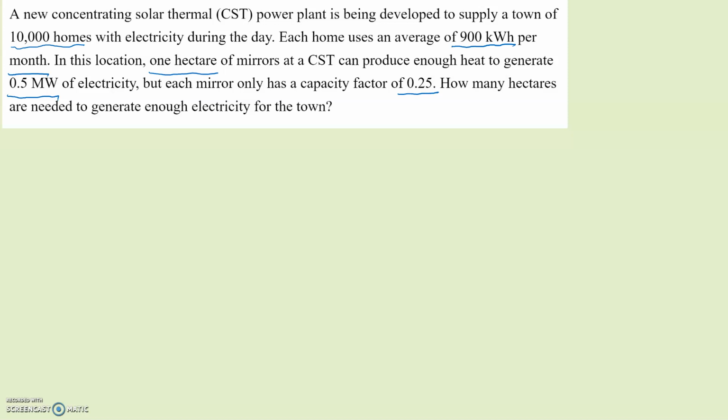I'm going to start by saying we have 900 kilowatt hours per month. It turns out that kilowatt hours are a unit of energy, whereas watts are a unit of power, which is like a rate.